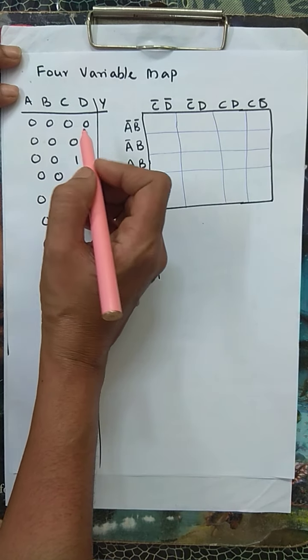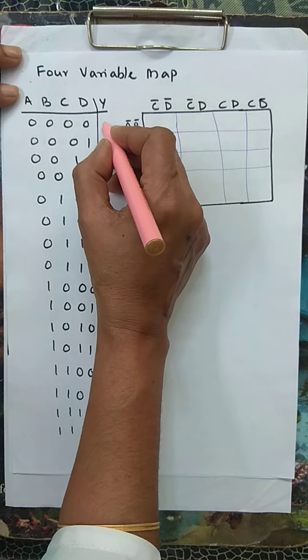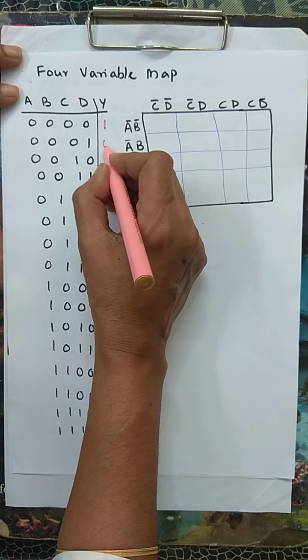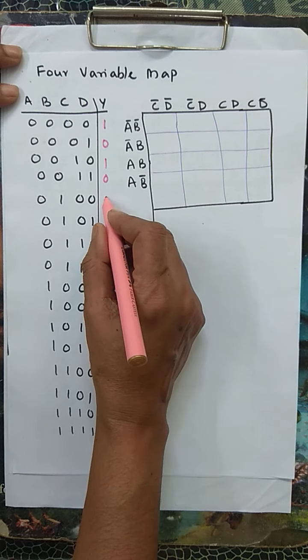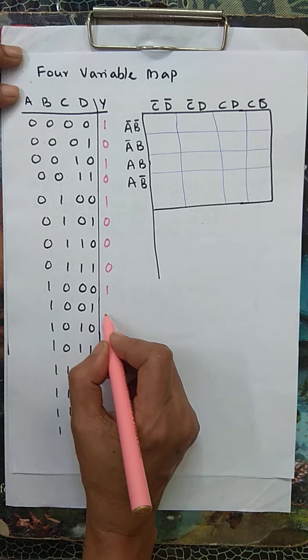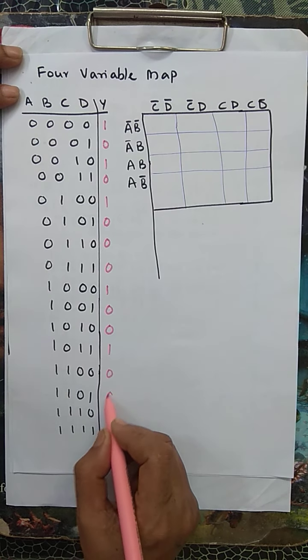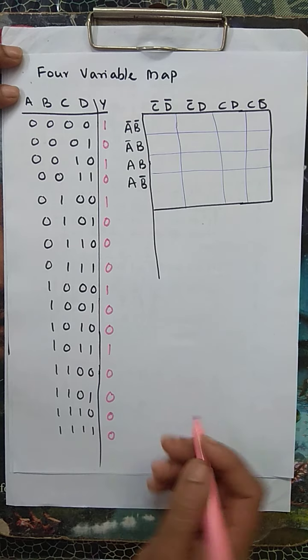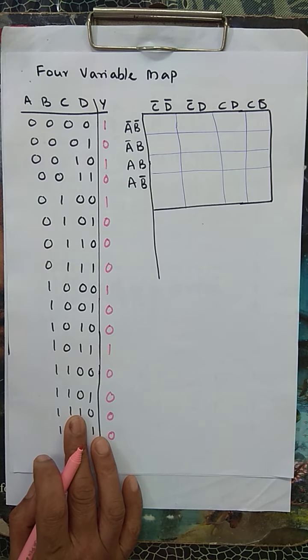Now let me write down the inputs, the truth table. Let us take this as 1, 0, 1, 0, 1, 0, 0, 0. You can write down whatever combination you want. 0, 1, 0, 0, 0, 0. So this is the output or the truth table I expect of a particular circuit.